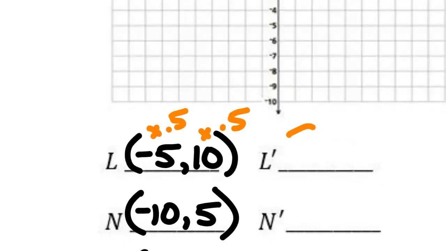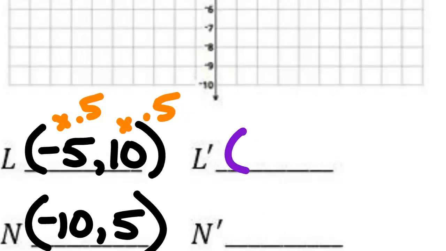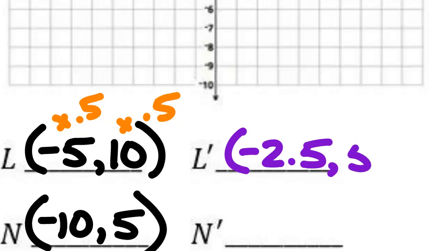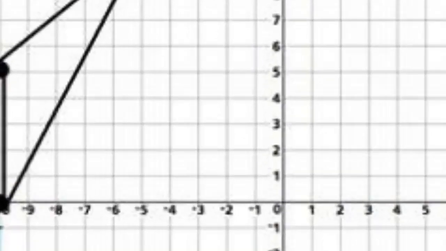Well, what is -5 times 0.5? -2.5. What is 10 times 0.5? 5. So my point L prime is at -2.5, 5 right here on my graph.